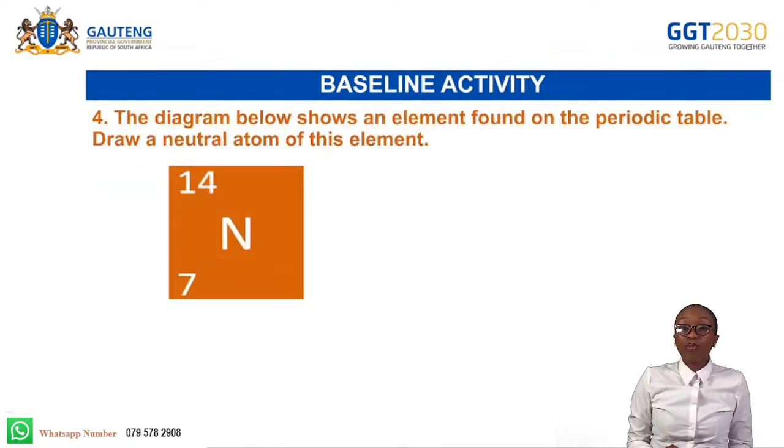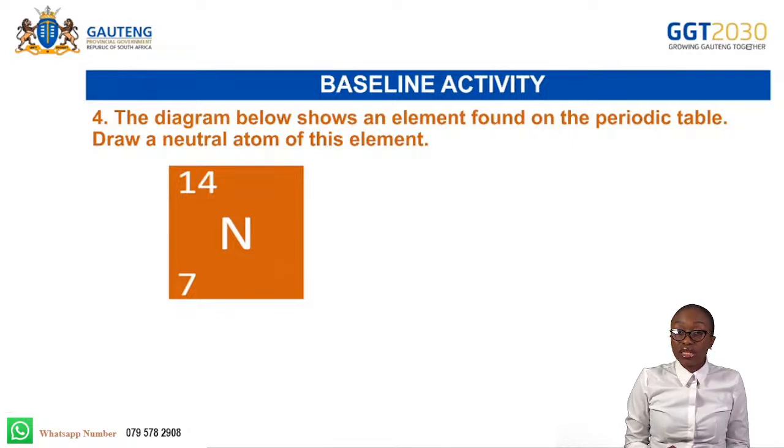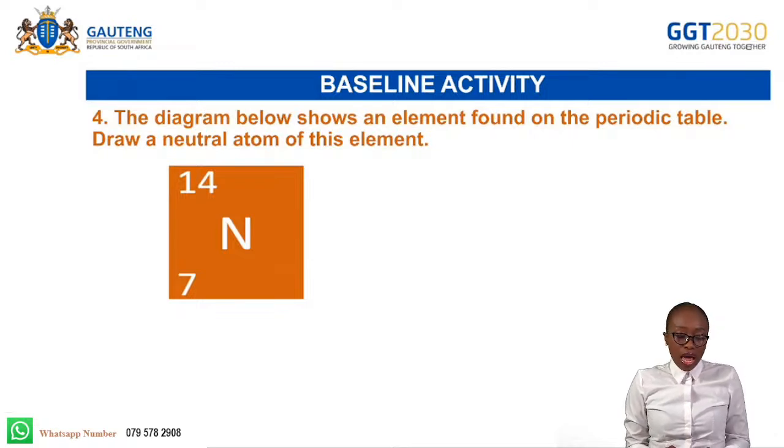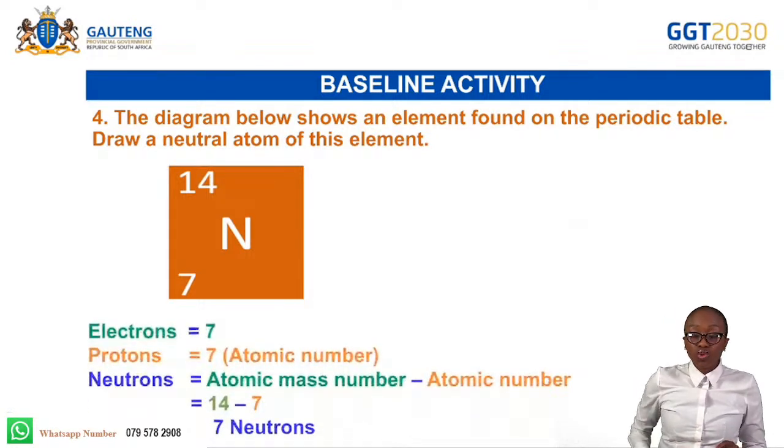Then question number 4. The diagram below shows an element found on the periodic table. Draw a neutral atom of this element. We are required to use the information we have been given to draw a neutral atom of this element. So what do we know?